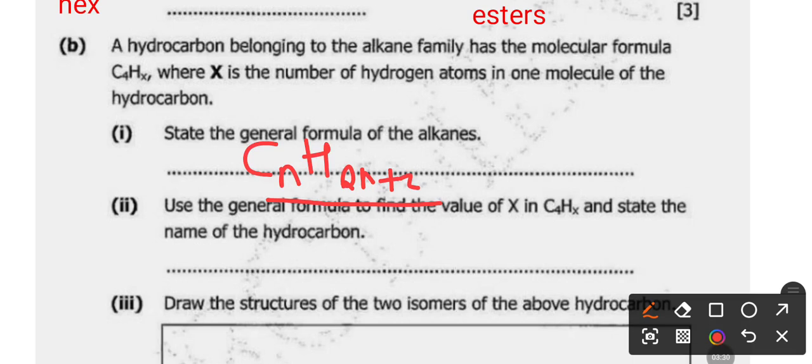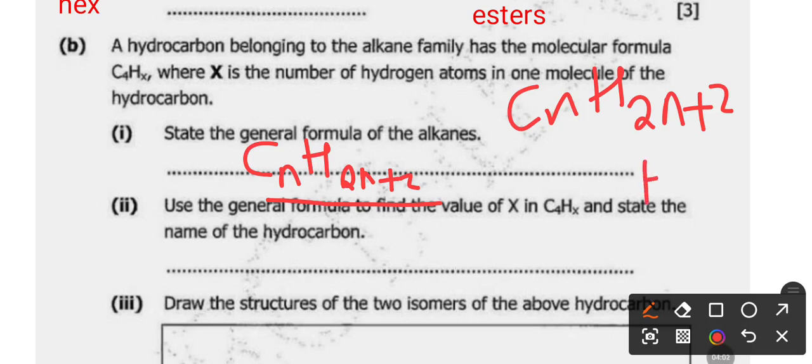The next part says use the general formula to find the value of X in C4H6 and state the name of the hydrocarbon. We have established this is the general formula of alkanes. In finding the value of X, we should remember that this n represents the number of carbon atoms.